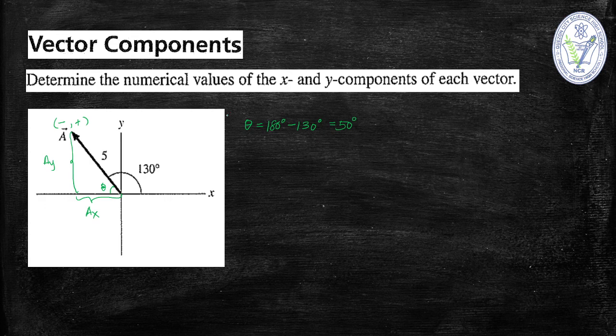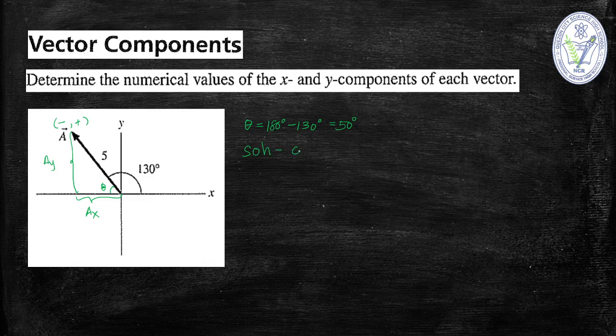Now how can we solve for the components? To solve for the components, we will be utilizing a mnemonic in trigonometry, which you are all familiar with. It goes like this.